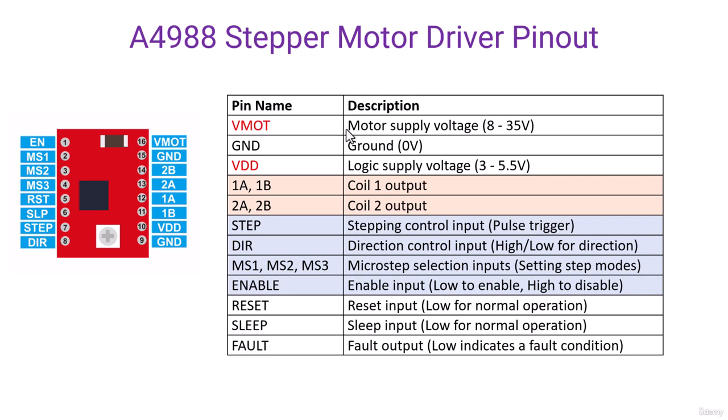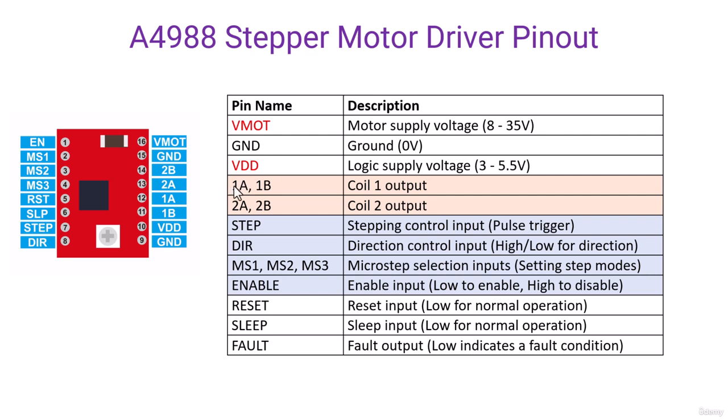VMOT is basically the motor supply voltage, and this IC can handle 8 to 35 volts for motor input power. And VDD is the power for activating this IC. So this could be your 5 volt supply from the Arduino board, it can handle 3 to 5.5 volts. And ground, you should connect all the grounds together.